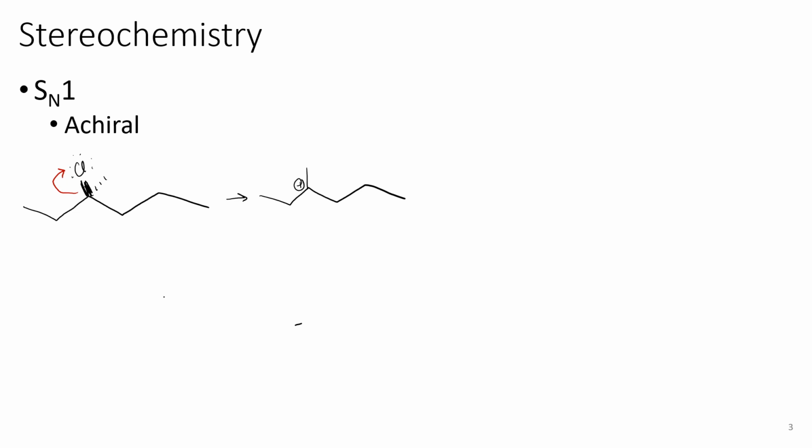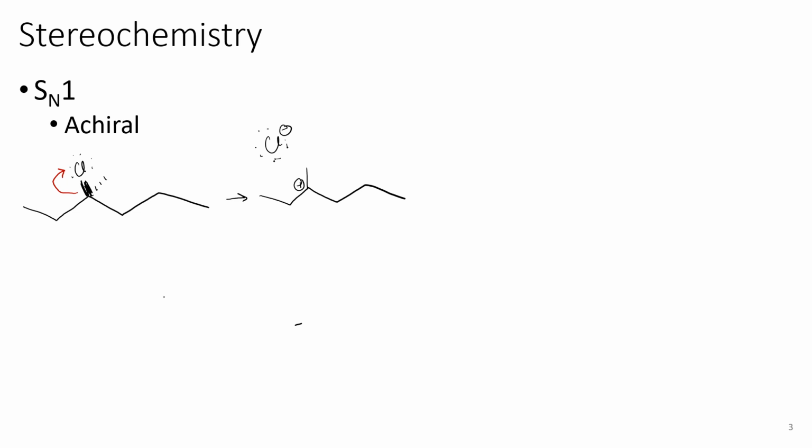It had 4 attachments, so it had that tetrahedral nature. Once that leaving group has left and we have generated the carbocation, that carbocation is now trigonal planar because it only has 3 attachments, and then it has the vacant orbital for the positive charge.